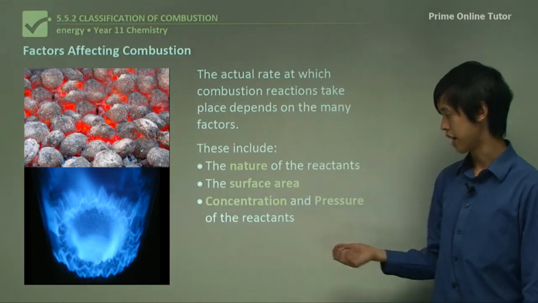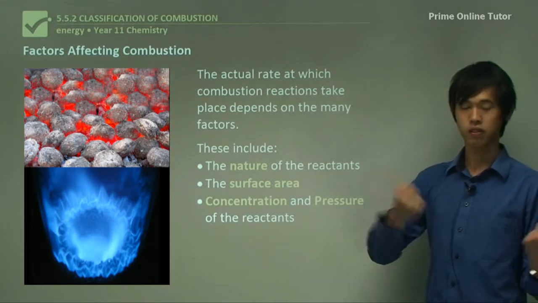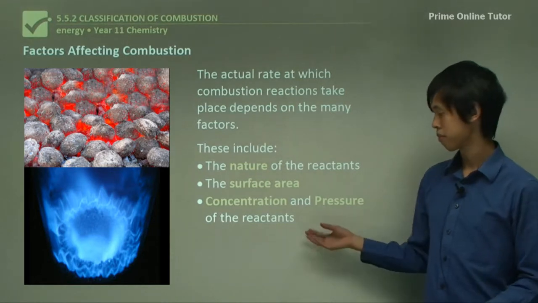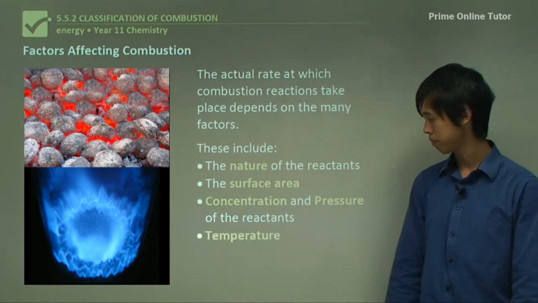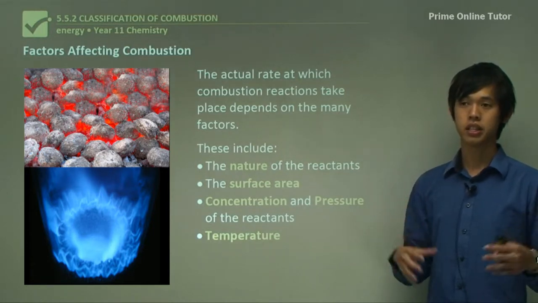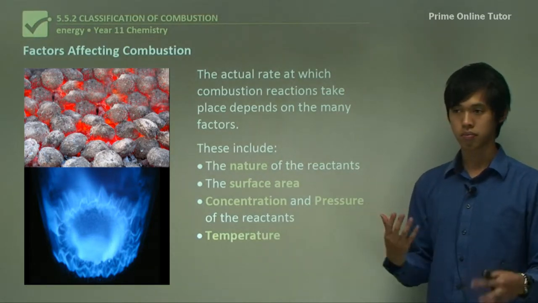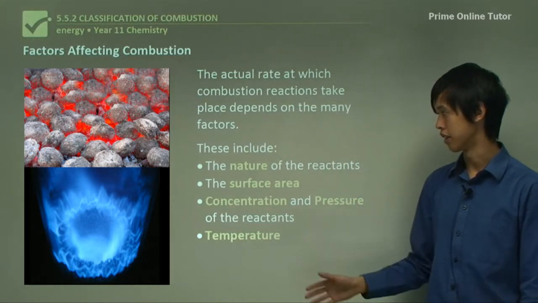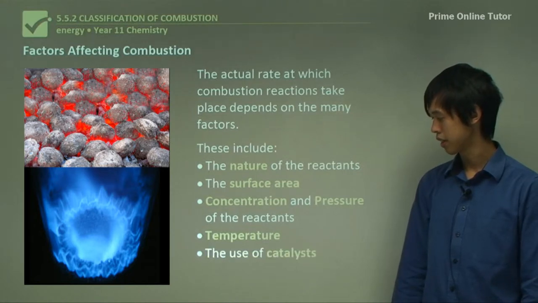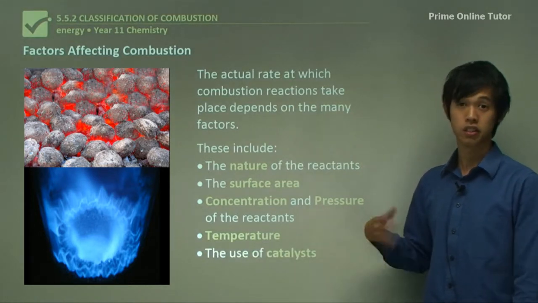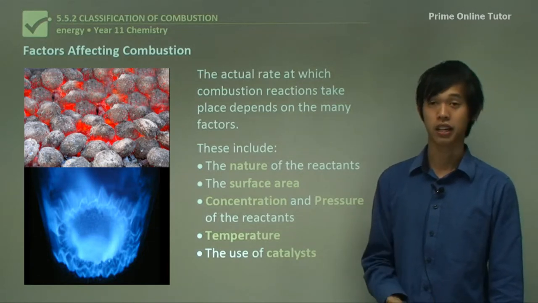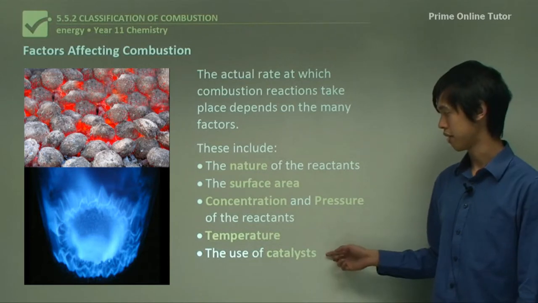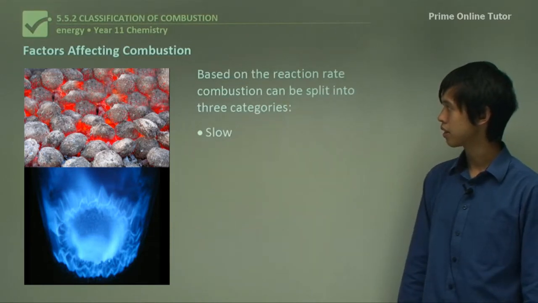Then there's the concentration and pressure of the reactants, so if you put it under pressure, or how much of a particular reactant you have, that affects the combustion as well. Temperature is a big one, so preheating the air and things like that can affect the combustion reaction. And of course, the use of catalysts. If we use a catalyst, the reactions usually go faster, and if we don't, they tend to go slower.